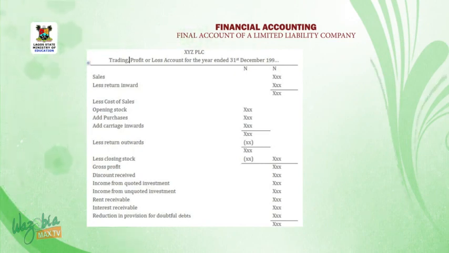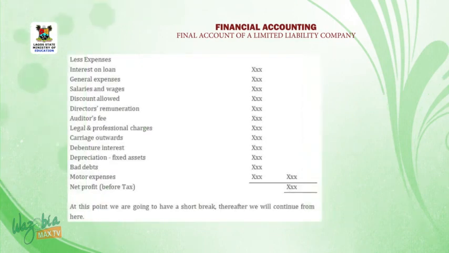We will now less operating expenses as follows: interest on loan, general expenses, salaries and wages, directors' remuneration, auditors' fee, legal and professional charges, debenture interest, depreciation on fixed assets, carriage outward, bad debts. All these are added together and deducted from the total that we have gotten. And so the difference will give us our net profit before tax.